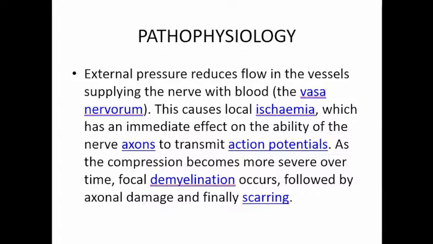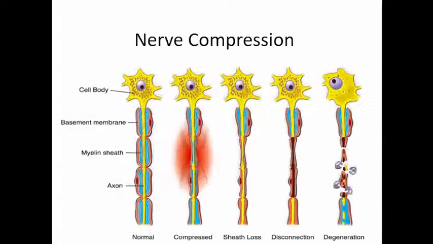So number one is the blood vessels being disturbed. Number two is the nerve itself. This diagram shows a single nerve cell, an axon, and how pressure here will eventually result in sheath loss, disconnection, and degeneration. Okay, so you can see that here the nerve itself, the anatomy has been disrupted due to continuous long-term pressure.